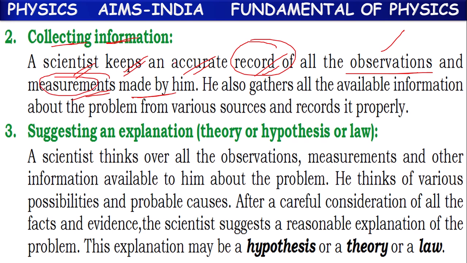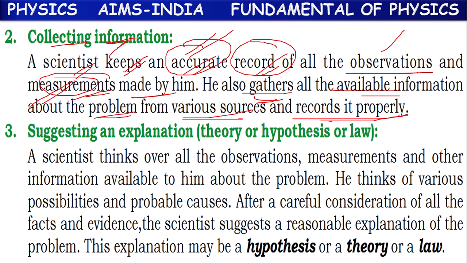He also gathers all the available information about the problem from various sources and records it properly. Collecting information is a crucial part of the scientific method, because if we collect proper information, only then will we get better results.